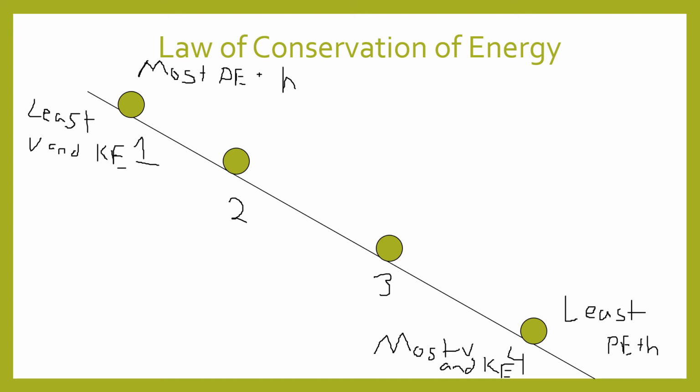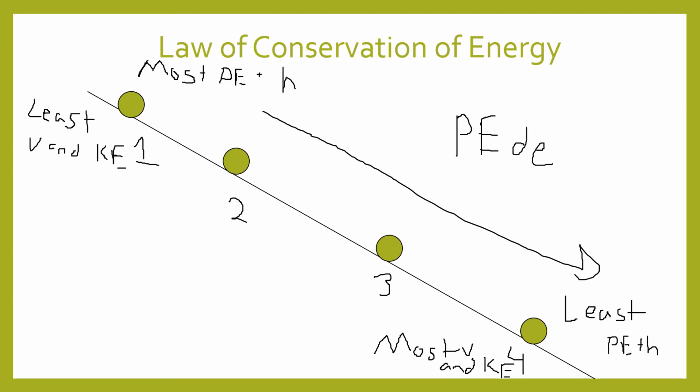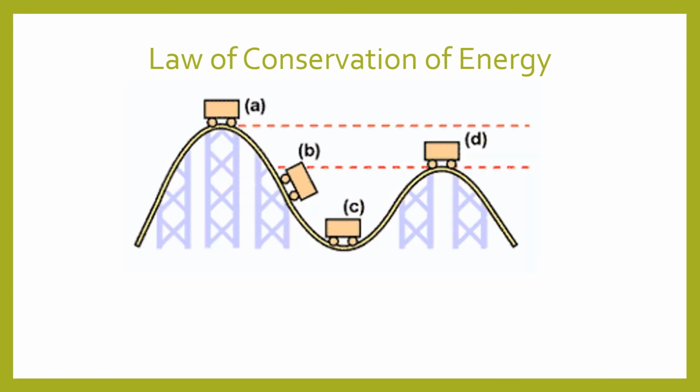So where does it go? It goes to kinetic energy. Energy can't decrease; it just has to transfer its form. As the PE decreases, the KE increases, because the energy is transferring from potential to kinetic as it rolls down the hill. The total energy never changes.